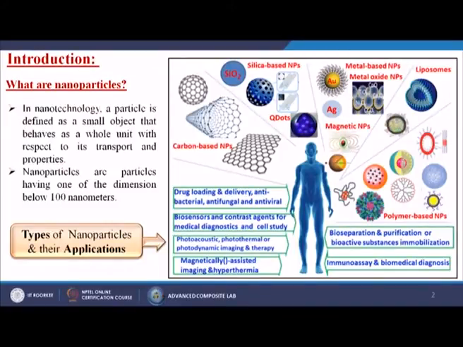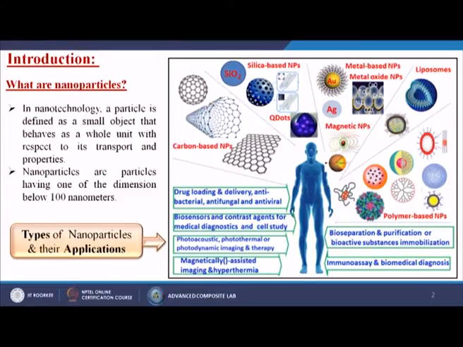The right hand side picture we are going to describe in detail in the subsequent slides, but here I am going to give you a glimpse of the types of nanoparticles we are doing research on in recent days, and their applications.